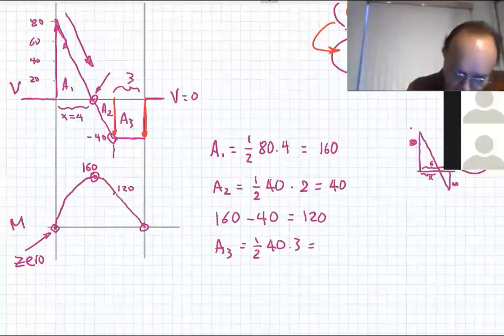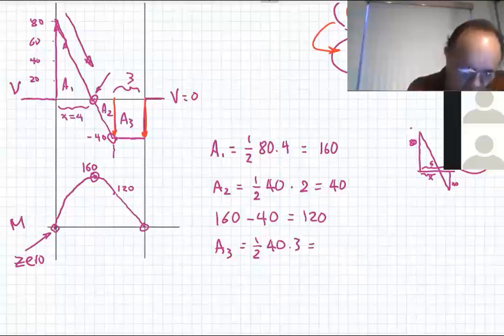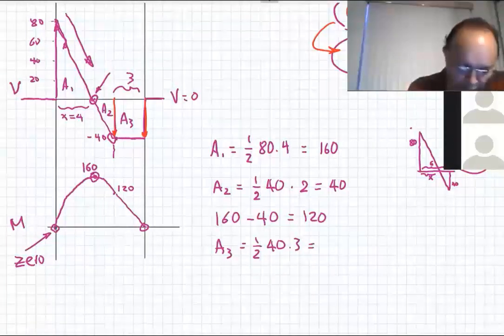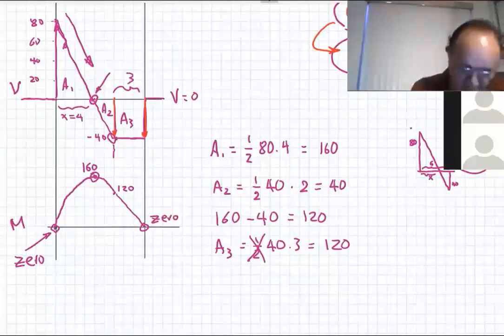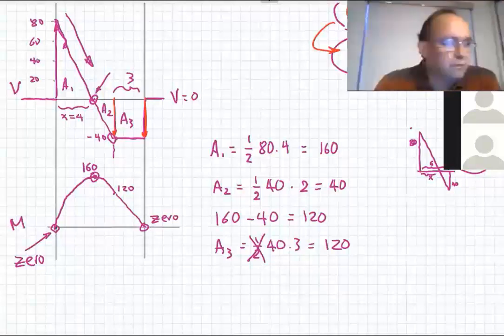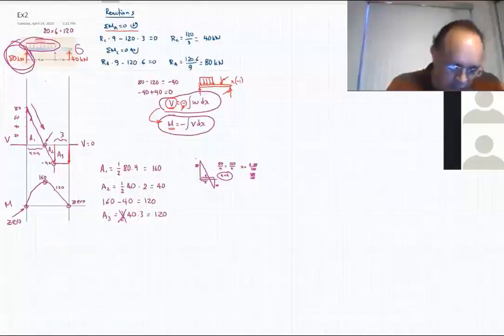What? You don't do the 1/2, that's why. It's not a triangle, it's a rectangle. You're right. 40 times 3 equals 120. 120 minus 120 is 0. Great. Okay. Easy.